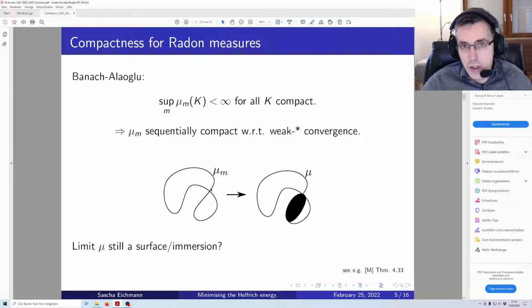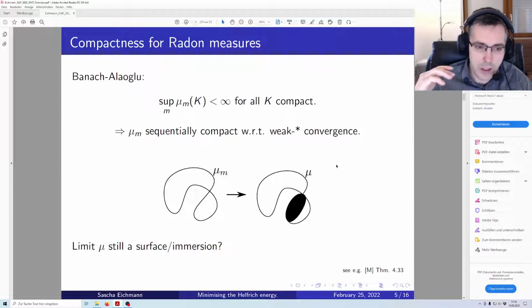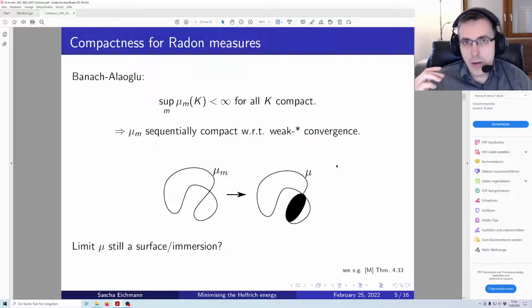It may also degenerate and become zero-dimensional or something else. So a lot of things can happen because this weak star convergence is a very weak convergence. So now we have to establish whether the limit has some kind of geometric properties.